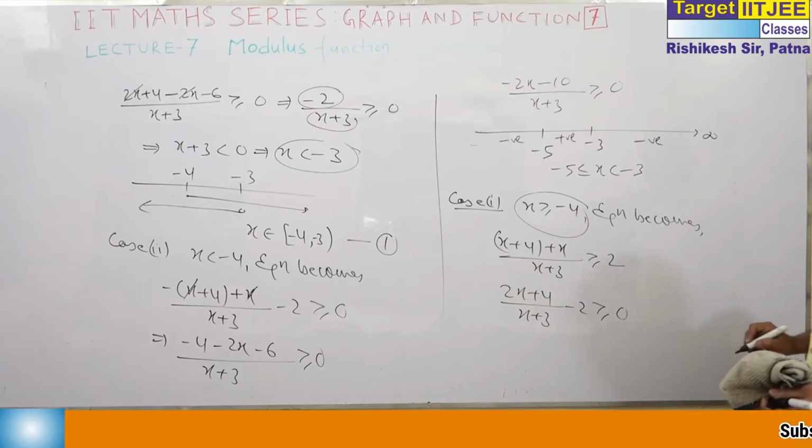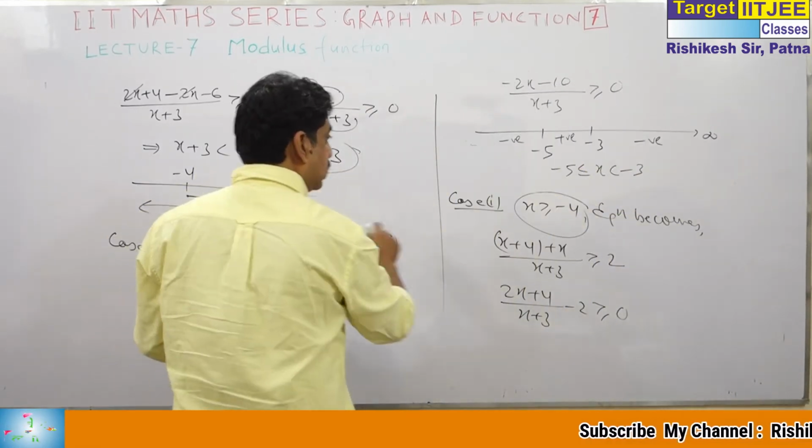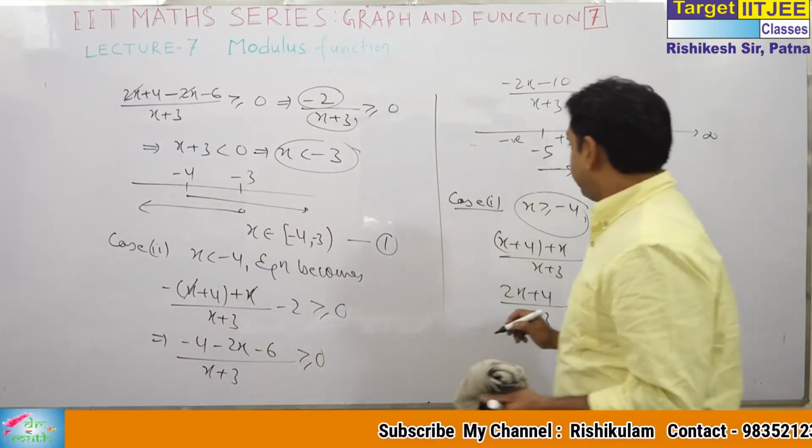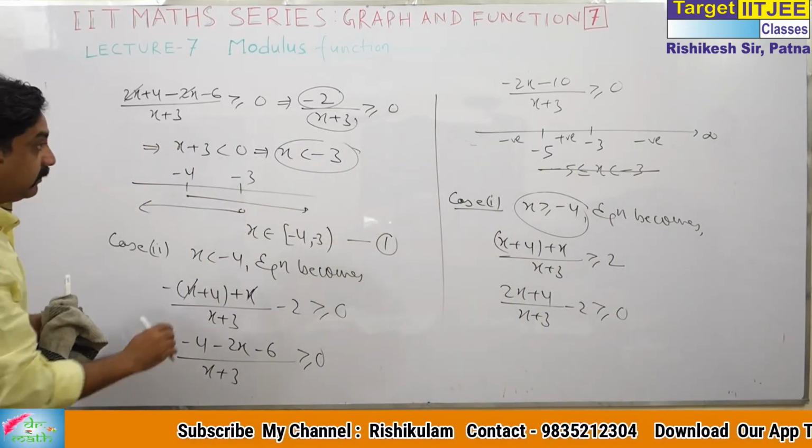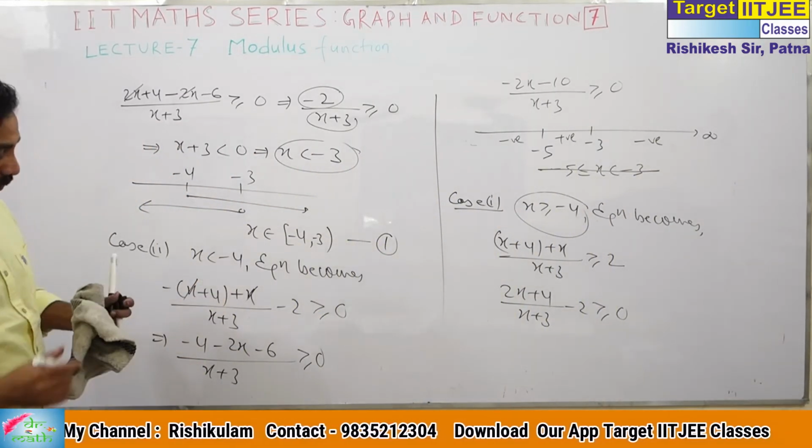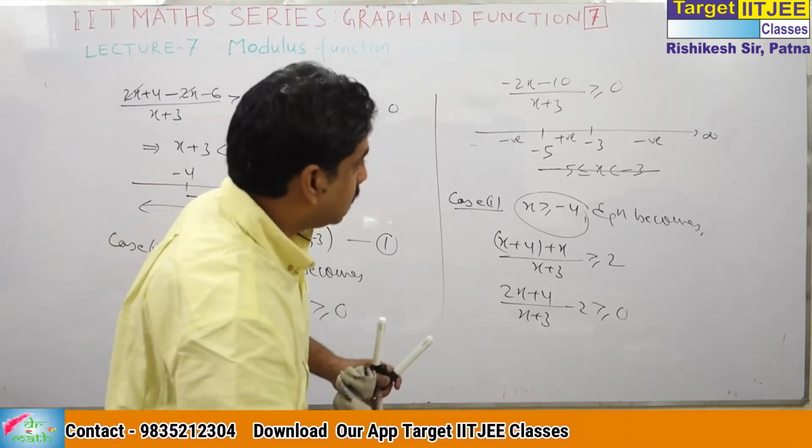But the answer will be the combination with the case condition, so this is not the answer yet. We have to keep in mind that x is less than minus 4. Let me show it on this very graph.